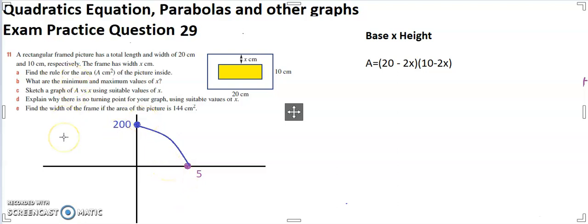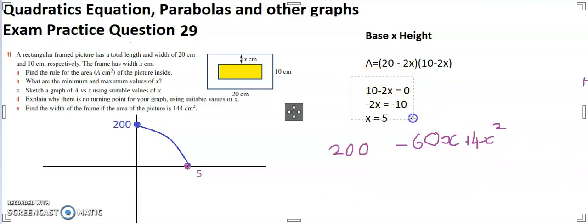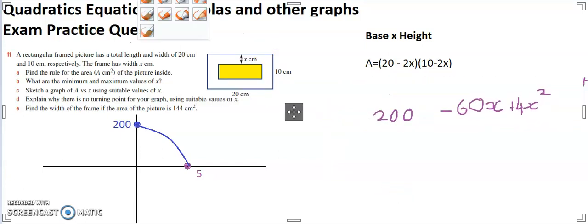So now if we look at the next question, it tells us to find the width of the frame if the area of the picture is 144. So if we're told the area is 144, I'm going to put back what we already had of our equation. Using this, we know it is equal to 144.